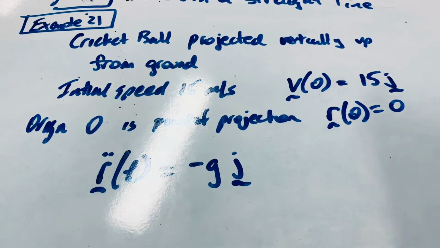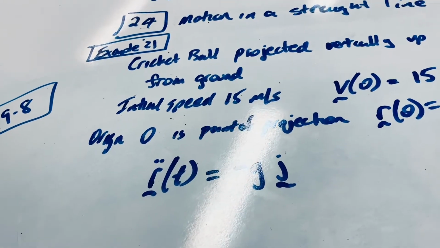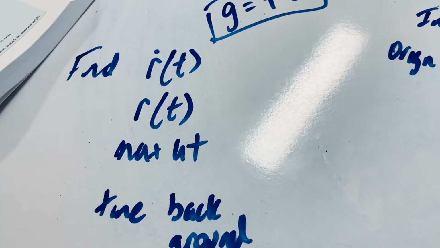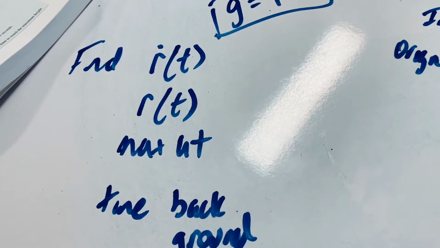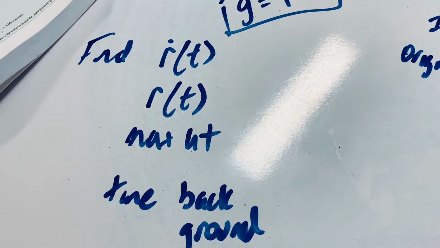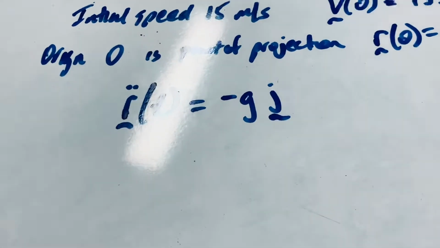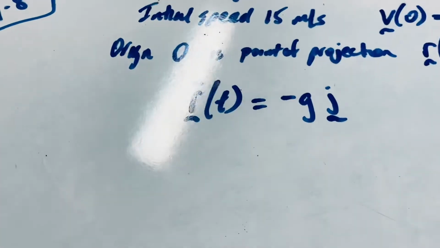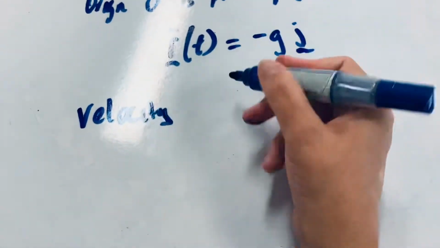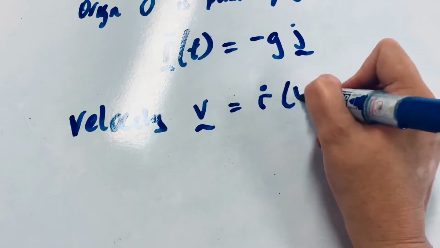That will help us as we go, because in this question we've been given the acceleration first, and we need to work backwards, or integrate, to find the velocity, the position vector, the max height, and the time taken for the ball to come back down to the ground. So if we've got the acceleration and we need to find the velocity first, I often call it v, the textbook often calls it r dot.